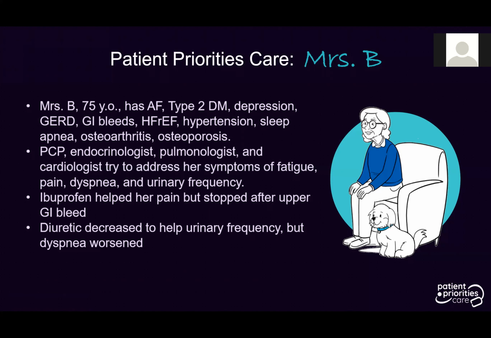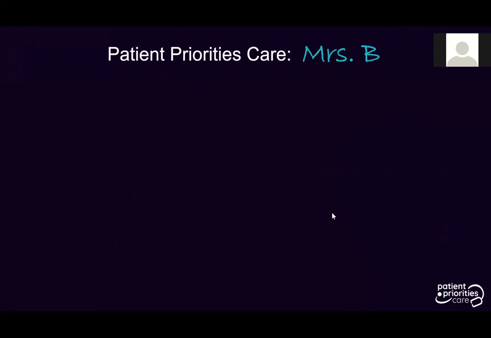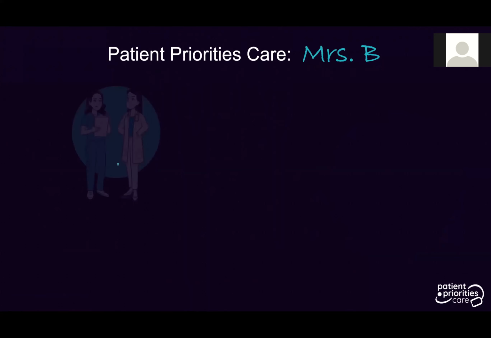She has hand arthritis and is taking some NSAIDs, but these produced an upper GI bleed in the past for which she had to be hospitalized for a few days. She takes a diuretic for her heart failure that's caused increasing urinary frequency and maybe even some incontinence, which is upsetting to her. Attempts to decrease her diuretic use led to worsening dyspnea. So you really aren't sure what she's taking right now, and she's reluctant because of a lot of these side effects.